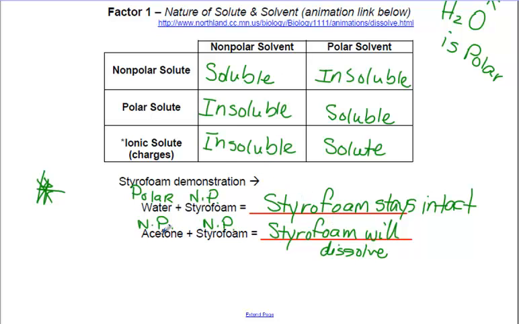Now, if I take acetone and pour that on top of a piece of styrofoam, the styrofoam will start to dissolve. Very similar to the use of acetone polish removers on the acrylic nails. Okay, salons will not use acetone unless they want to take the acrylic nails off and destroy them, okay, because it will eat at the acrylic because the acrylic nail is nonpolar and acetone is a nonpolar solvent, okay?